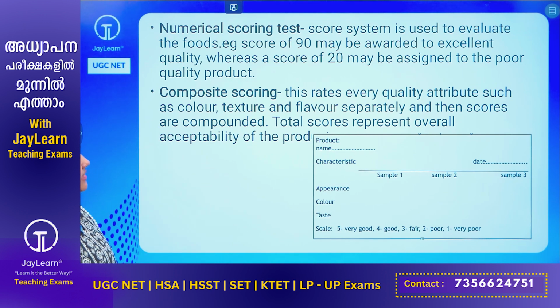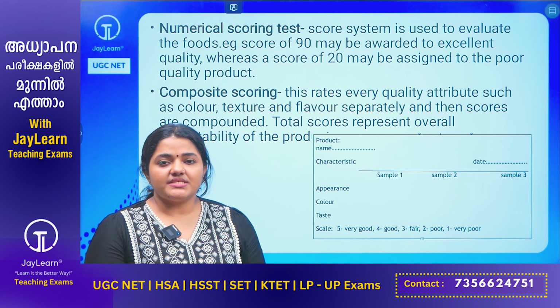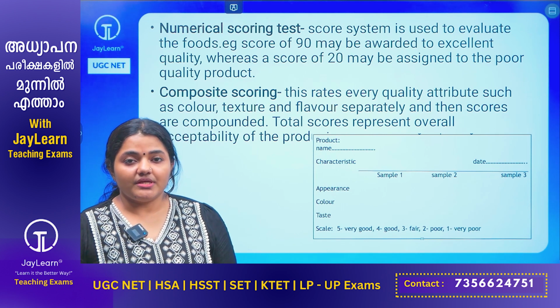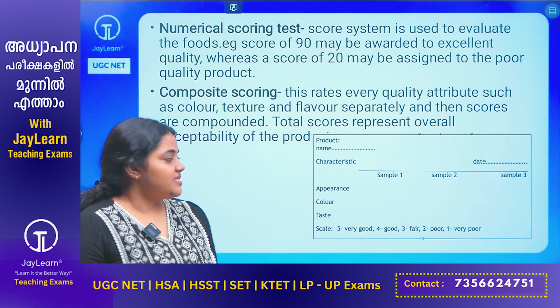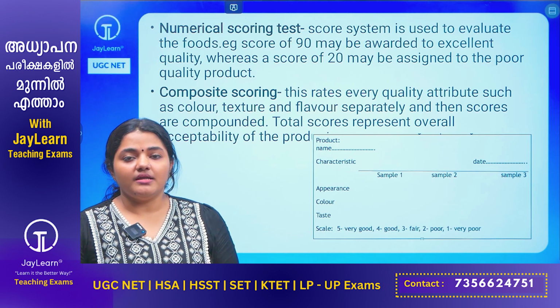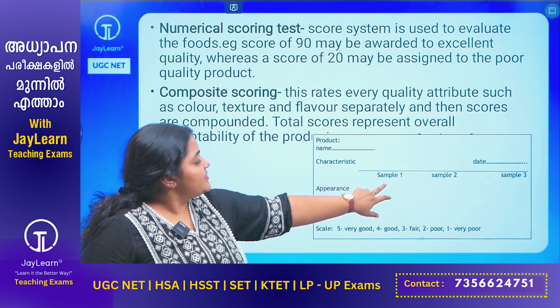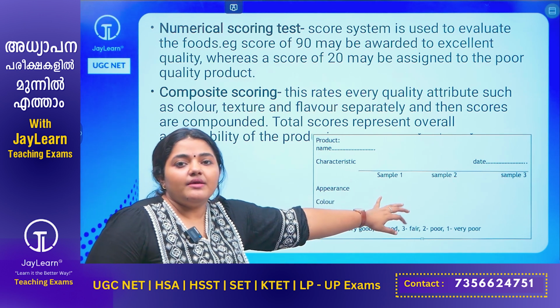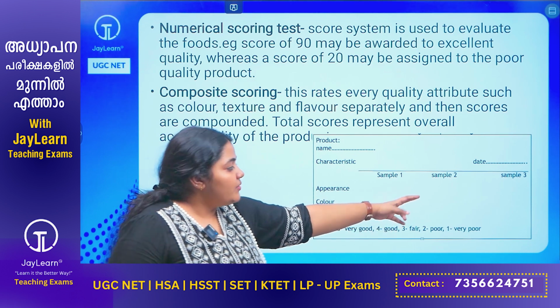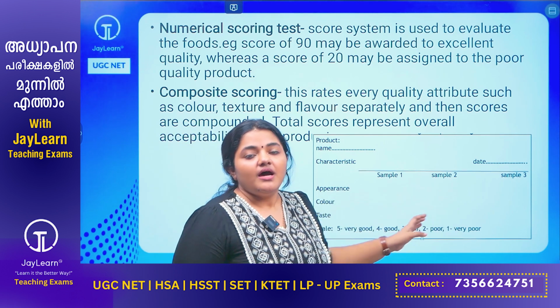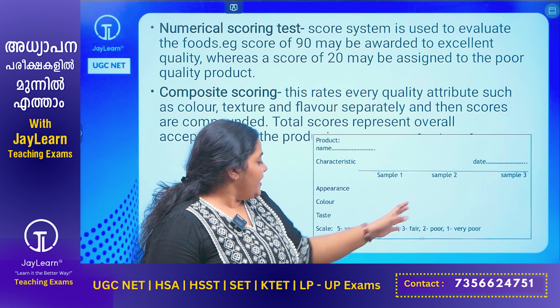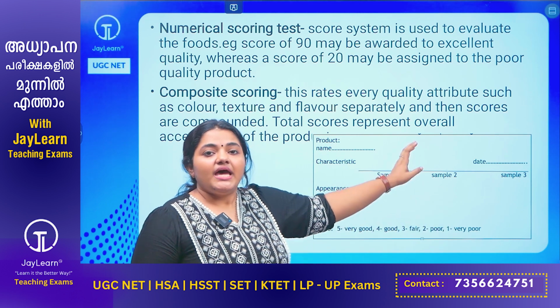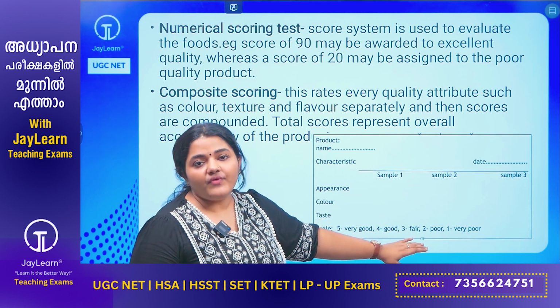Composite scoring is when for 1 sample or 2 samples, we will be rating that particular food for different attributes like appearance, color, taste. So maybe for sample 1, we will be giving 5 points for appearance. For sample 2, we will be only giving 3. In color again 4 or 5, taste again 4 or 5, and we will be adding all these values.